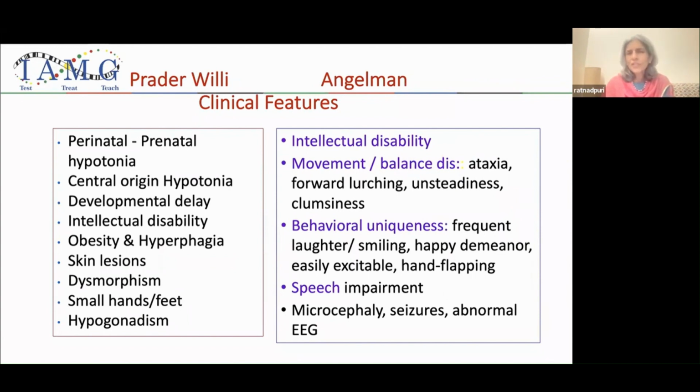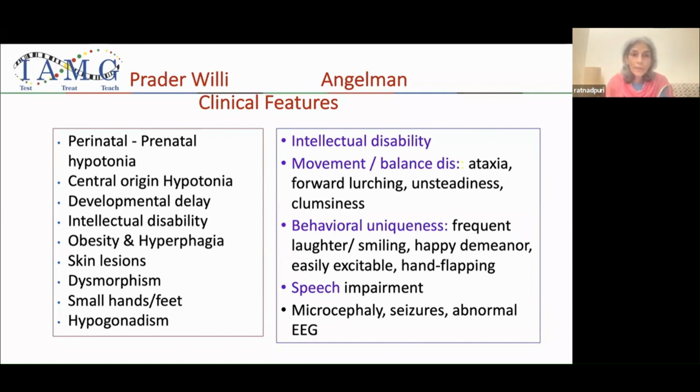They can have skin lesions in the form of skin picking. They are dysmorphic with the typical bitemporal prominence. They have almond-shaped eyes. They have thin vermilion border of the upper lip with down slant of the mouth. They'll have small hands and feet, and they have hypogonadism.